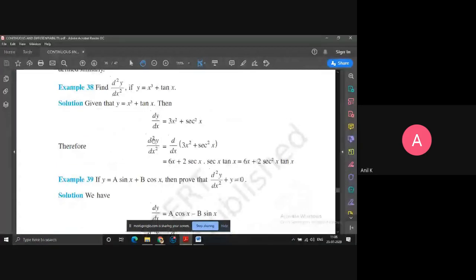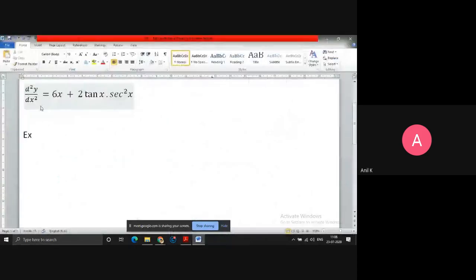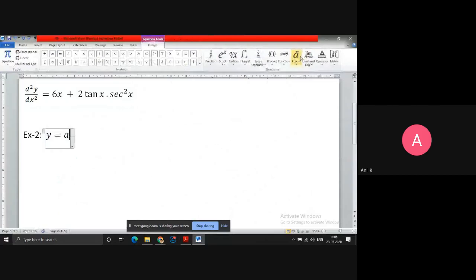Example 2. We have y equals a sin x plus b cos x. It's okay whether it is a capital letter or small letter.